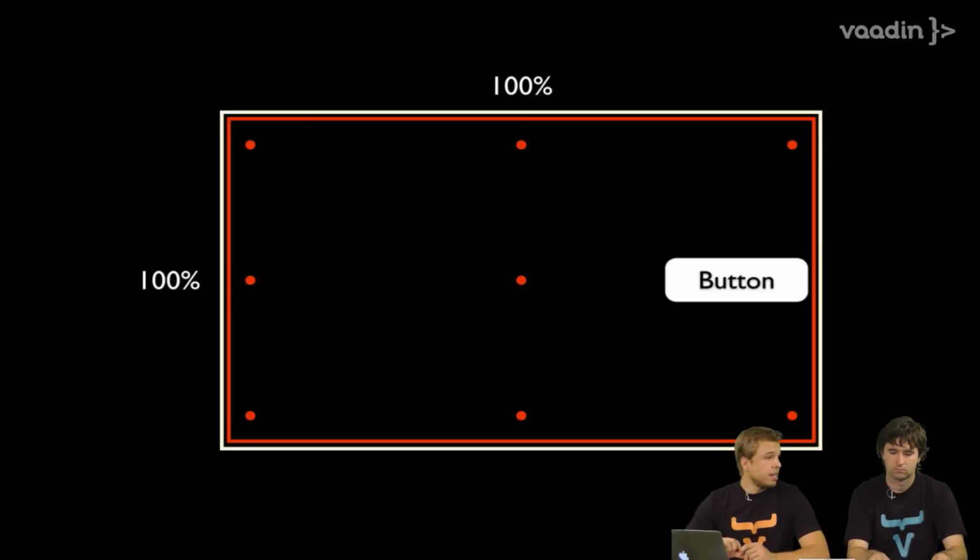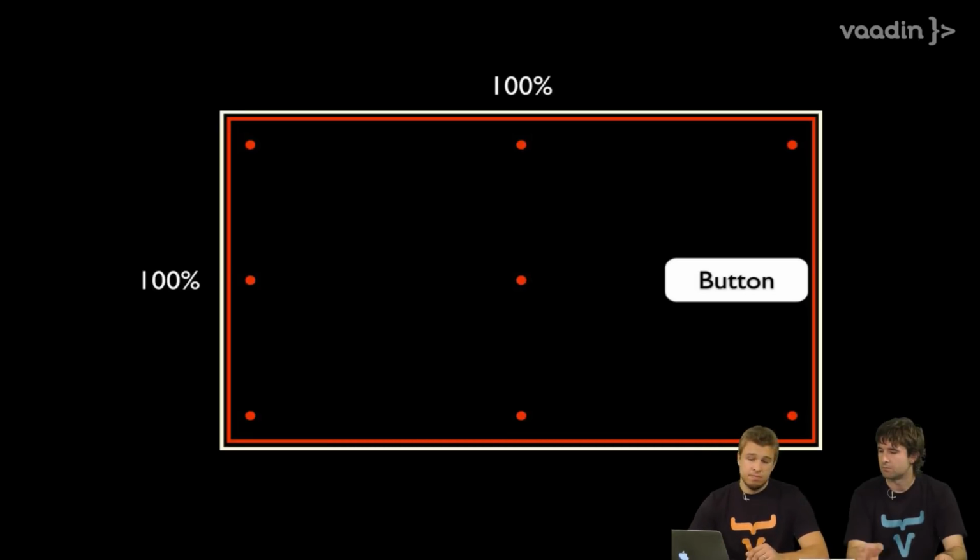Also, if you consider the size of the parent layout, these control points can be overlapping. If, for example, we would only have set the width of the parent layout to be 100%, but the height would be undefined, then the height of the parent layout would actually be the height of the button, meaning that all the adjacent control points horizontally would overlap, so you would only be able to set the alignment from left to middle to right, but not on the vertical position.